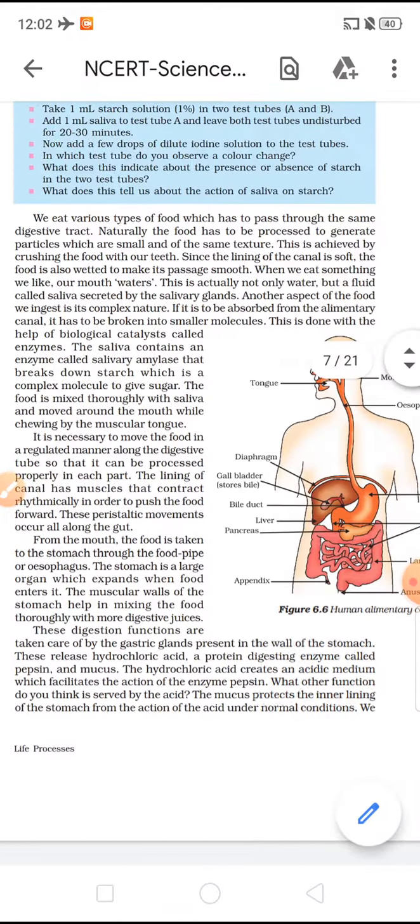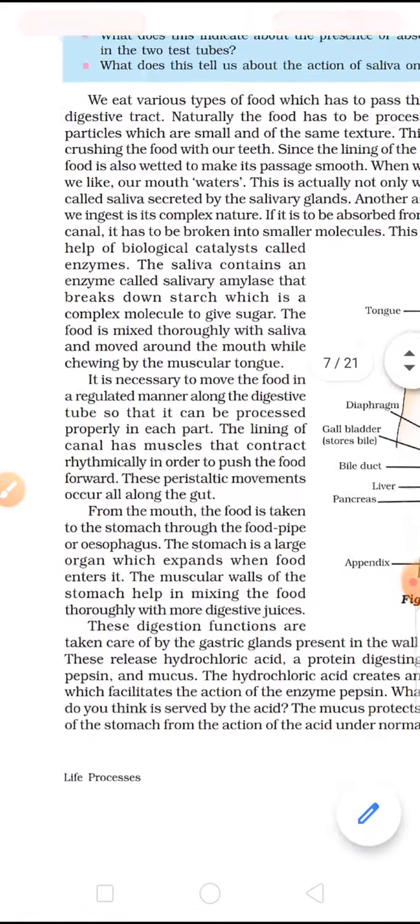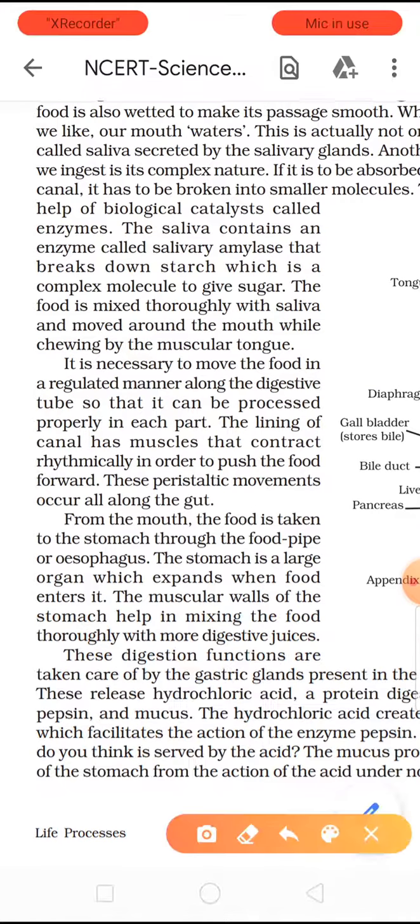If it is to be absorbed from the alimentary canal, it has to be broken into smaller molecules. This is done with the help of a biological catalyst called enzyme.